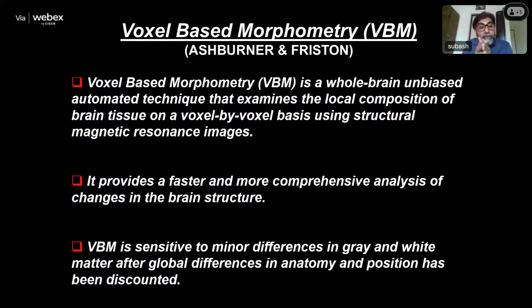So this is another good technique. VBM is sensitive to minor differences in gray and white matter after global differences in anatomy and position have been discounted. It's not easy, because when you're comparing two brains, the brain size and everything is different. So you have to do a lot of processing on the data to put them on the same template so that you can compare these two brains easily.